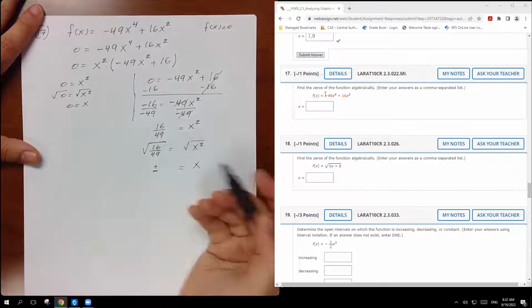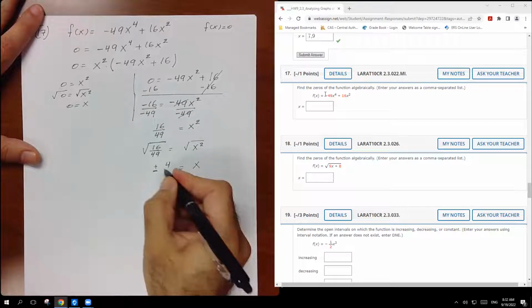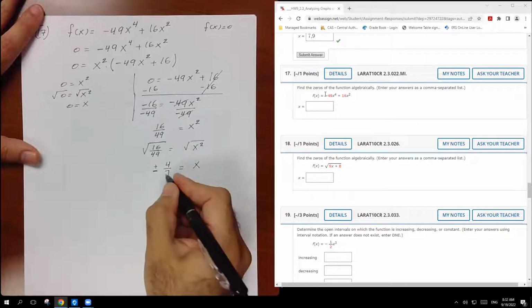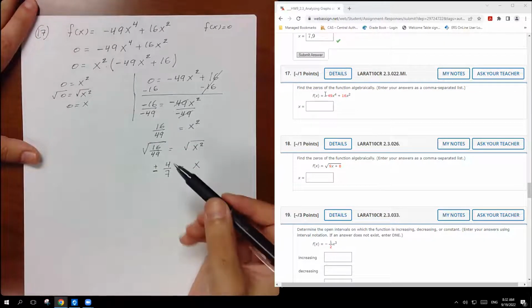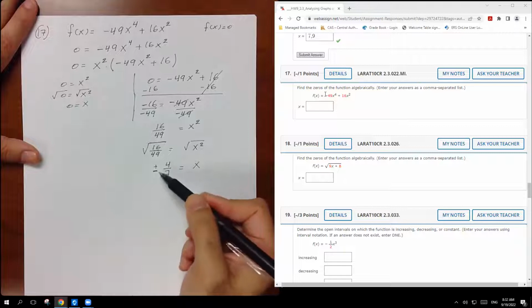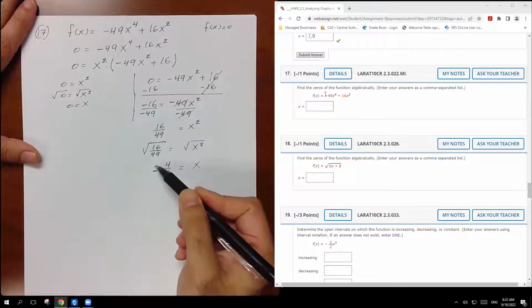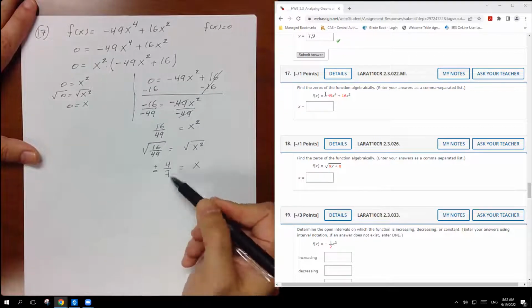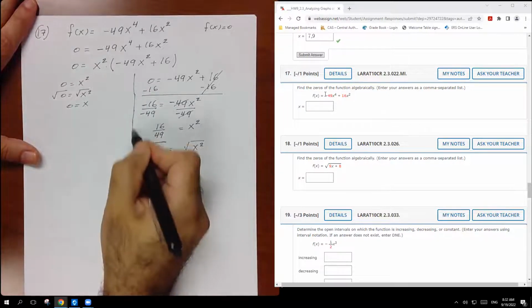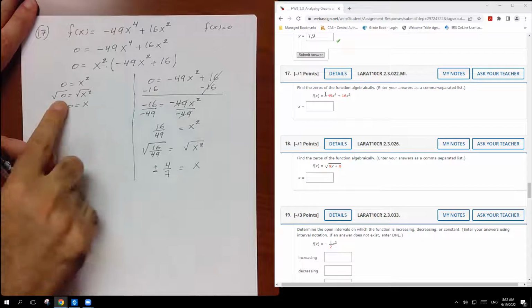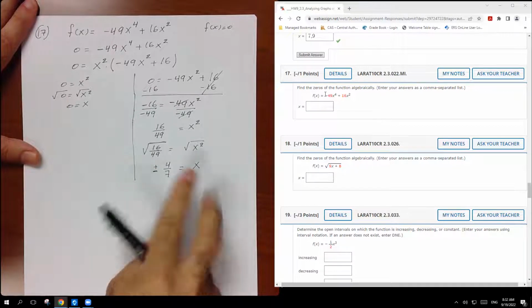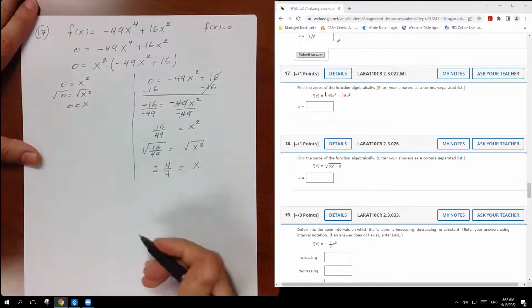The square root of 16 is 4. The square root of 49 is 7. That means the result is going to be two zeros from here, positive 4 over 7 and negative 4 over 7. And we have a 0 from here, so we have 3 zeros, 2 from this side and 1 from this side.